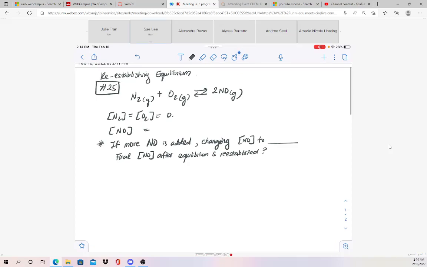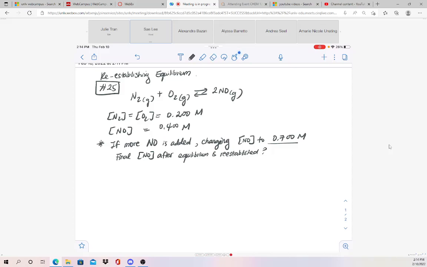So 0.200 mole, and this is 0.7 mole. Change, okay. My numbers and your numbers will be totally different.